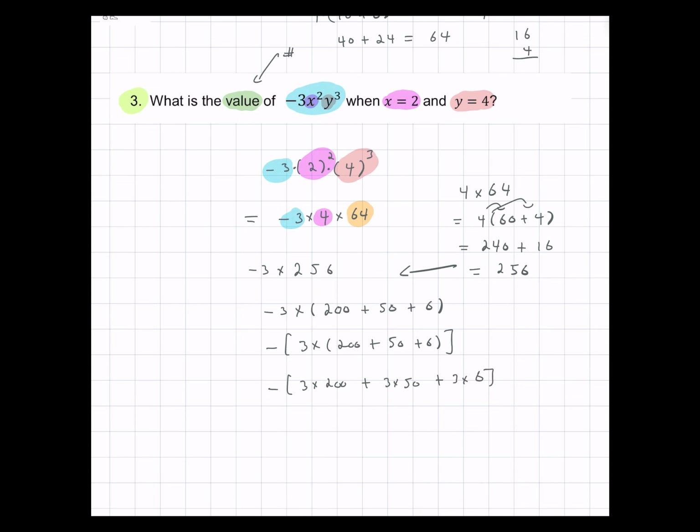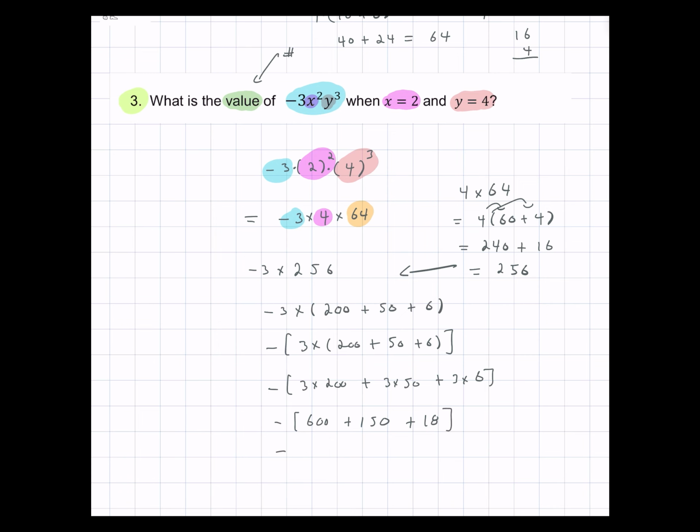And again, this is just the same thing as doing single-digit multiplication. 3 times 2 is 6, and there's 2 zeros after it, so this is going to be 600. 3 times 5 is 15, and there's a 0 after the 5, multiplied by 10, so I add a 0 here, this is 150. And then 3 times 6 is 18.